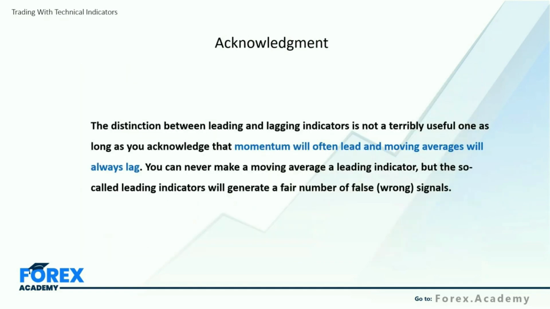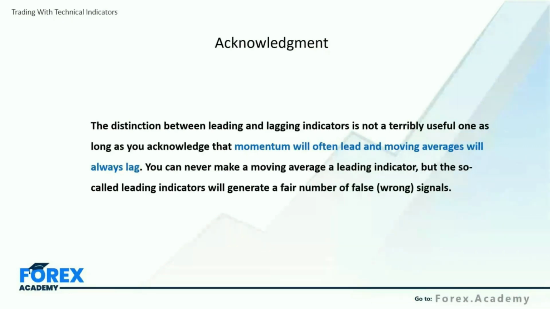And just to finish our discussion on trading with technical indicators, we can make a very firm and distinct acknowledgement as technical traders. This distinction is between leading and lagging indicators. It's not a terribly useful one, as long as you acknowledge that momentum will often lead and moving averages will always lag. So we have leading and lagging indicators, and we must know the difference.